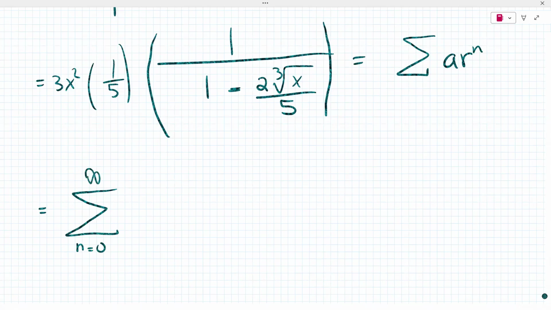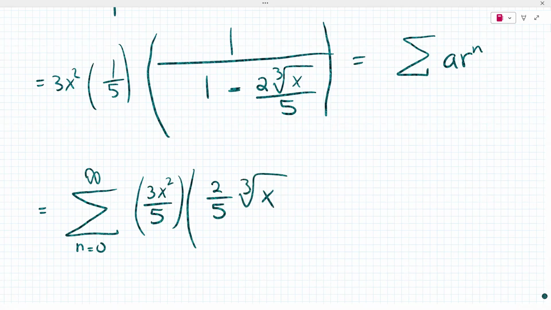Three x squared times 1/5, that is 3x squared over 5, over 1 minus 2/5 cube root of x.